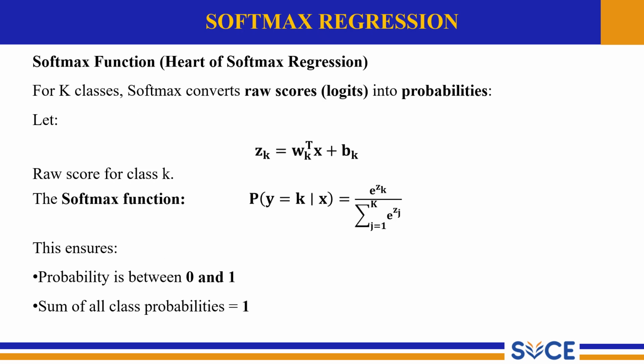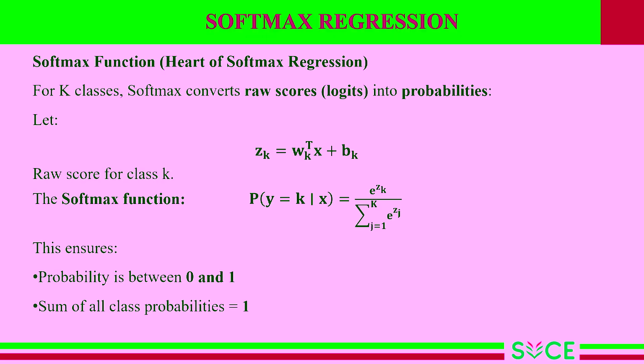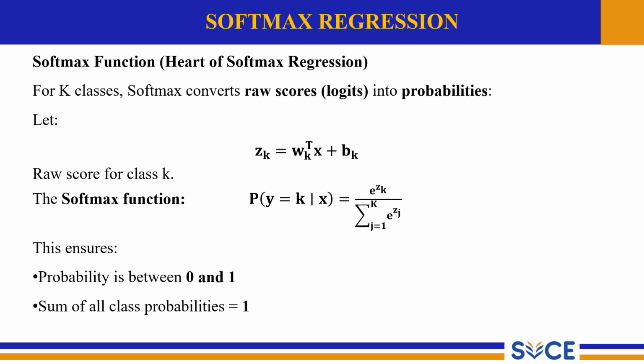In softmax regression, the softmax function converts raw scores into probabilities for each class. For k classes, let z_k equal w_k transpose x plus b_k. This is the raw score, the logit, for class k. The softmax function calculates the probability of class k as P(y = k | x) equal to e to the power of z_k divided by the summation over j equal to 1 to k of e to the power of z_j.